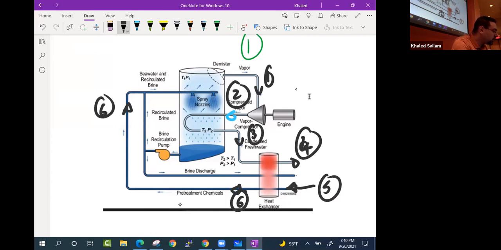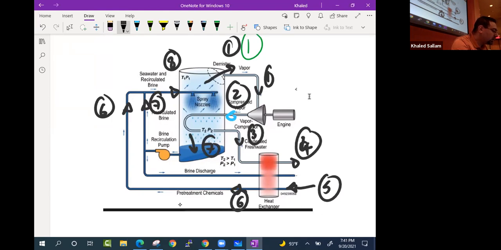Then it gets mixed with something, let's call it 7, and 6 and 7 together become 8. And 8 gets sprayed and heated into 2 things. One that is going to the vapor, let's call this 7.